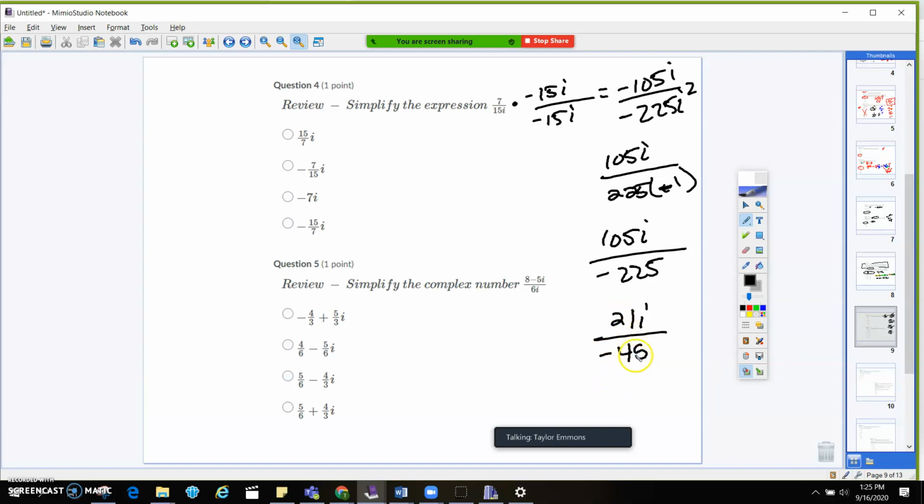Well, both of these, aren't they divisible by 3 though? Yeah? Okay, so let me divide both of them by 3. So I'm going to get -7i, and we're going to get 15 in the bottom. So that should be answer choice B.